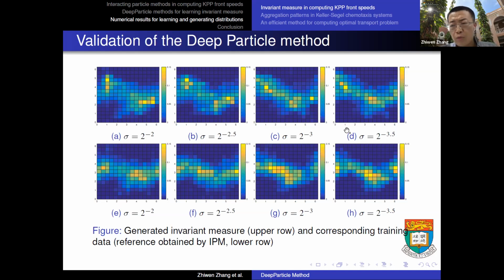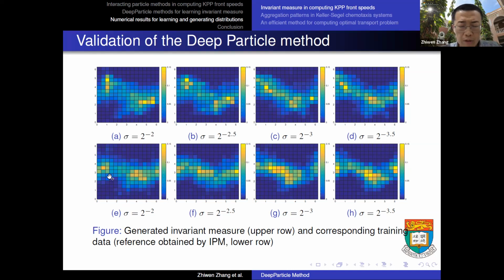To be honest, we don't have large computational resources, so we use a desktop or laptop. This parameter is actually not very small, but just to demonstrate some idea. You can see when sigma becomes small, the density becomes sharper, just a little bit.